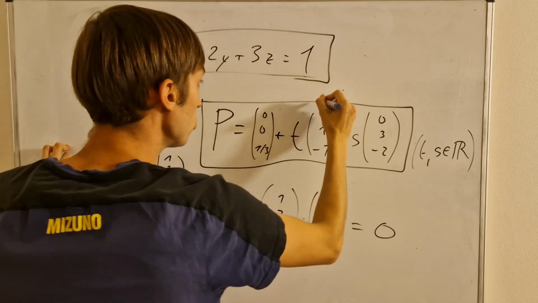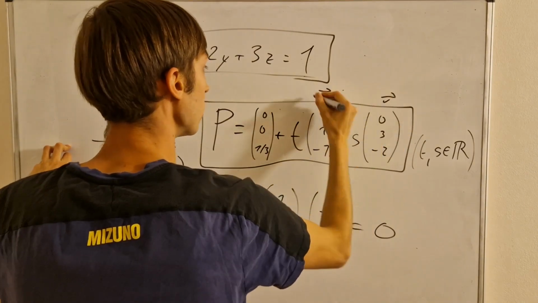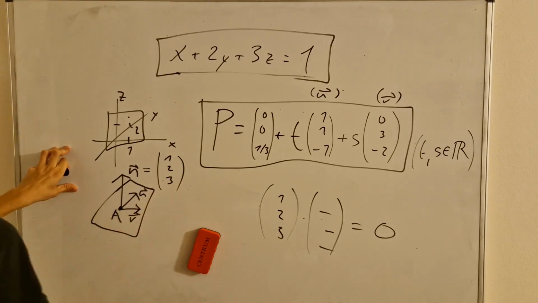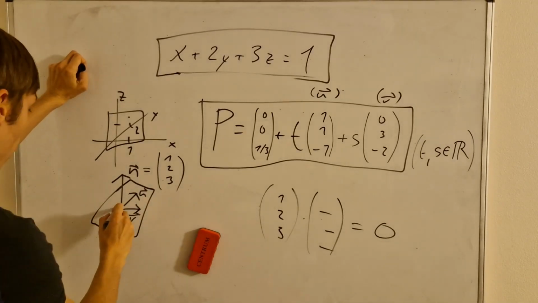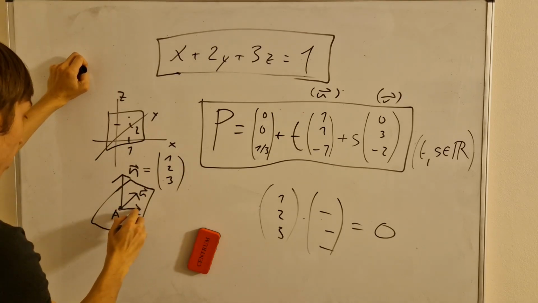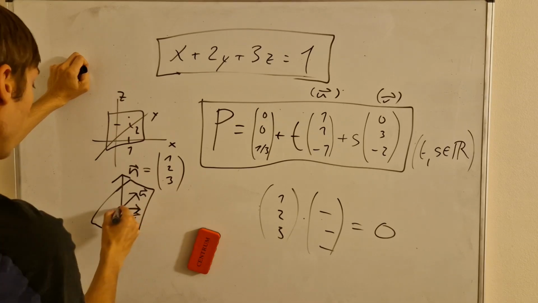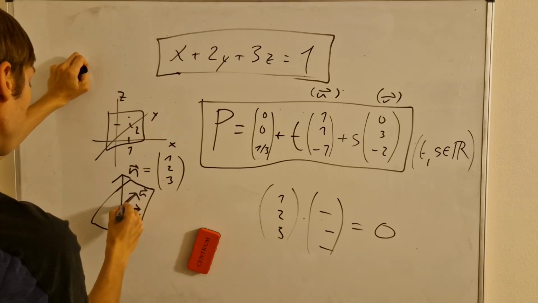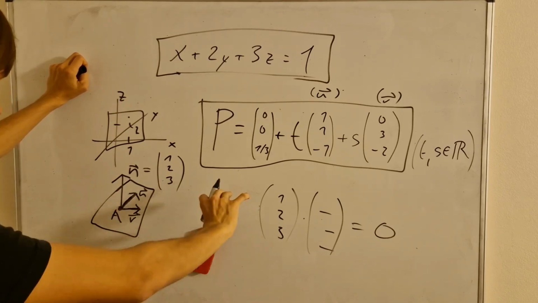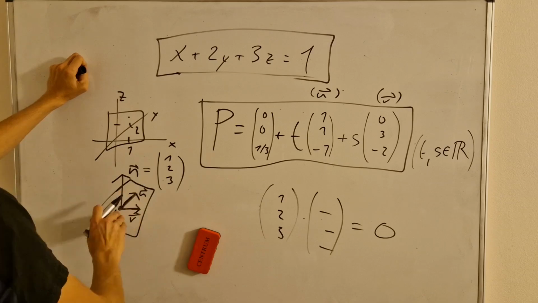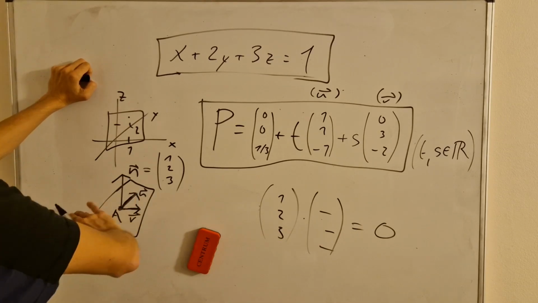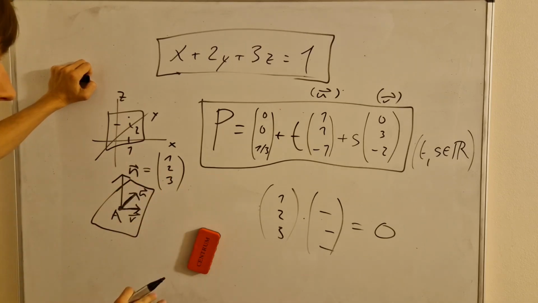Let's call this U and this is V. So these two are U and V. And if we start with A, then anywhere that U and V move the location to with their directions will stay on the plane, and also because they're not parallel to each other and they're non-zero, one can span any point on the plane with them.